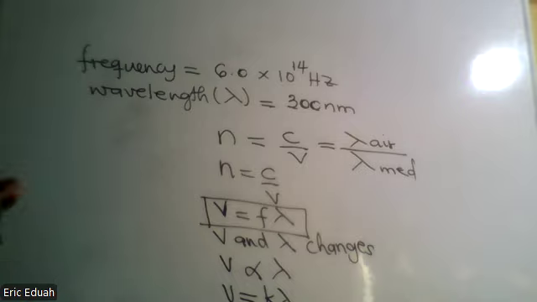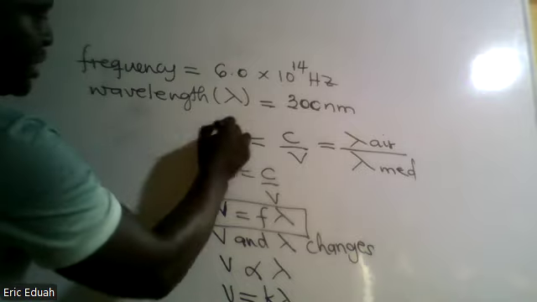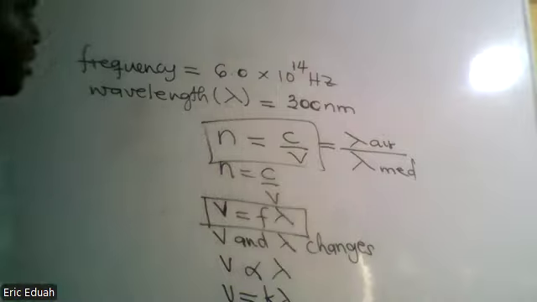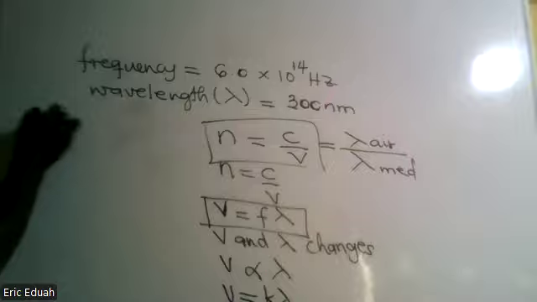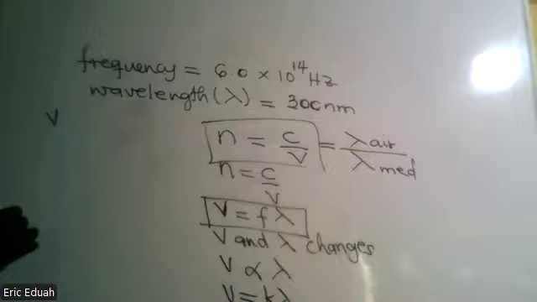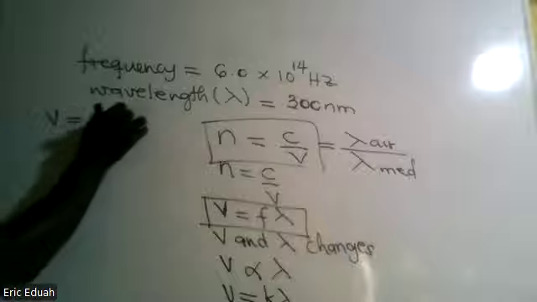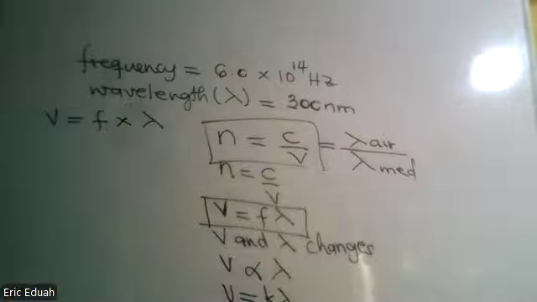All right. So if we want to use the first relation to find the refractive index, then the velocity of light in a medium is given by the frequency times the wavelength. And here we are talking about the wavelength of light in the medium. So let's go back to the question. A monochromatic light beam of frequency passes from air into a transparent medium, where its wavelength is measured to be 300 nanometers.